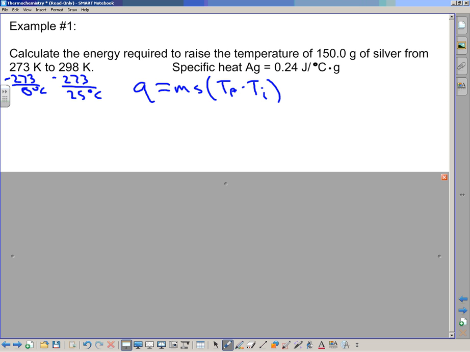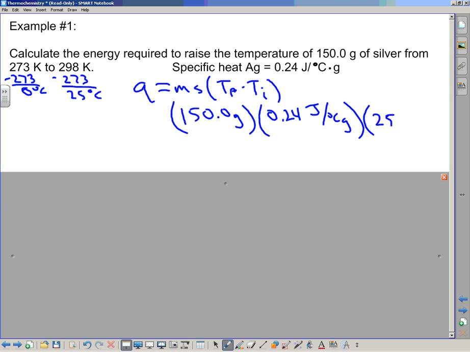At this point now, we're ready to go ahead and plug and chug. We're going to have our mass of 150 grams, our specific heat of 0.24 joules per degree Celsius gram, and then 25 minus 0 degrees Celsius.